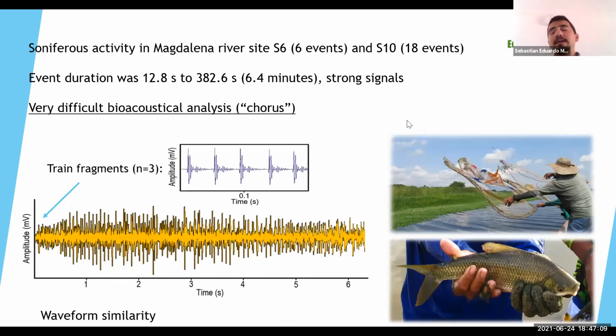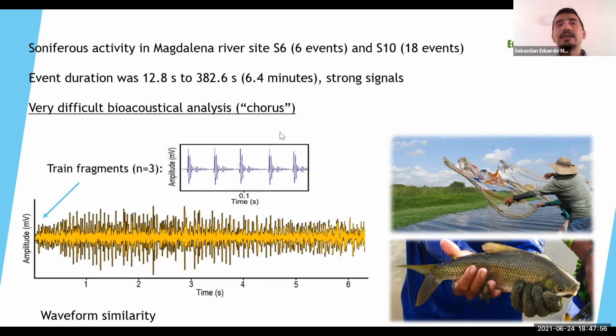In the case of the visits in the fields, we have 6 events in the S6 site and 18 events, and this is called events, but because we find like a chorus of sounds, so there were a lot of these fish making sounds, and that makes it very difficult to analyze these sounds.